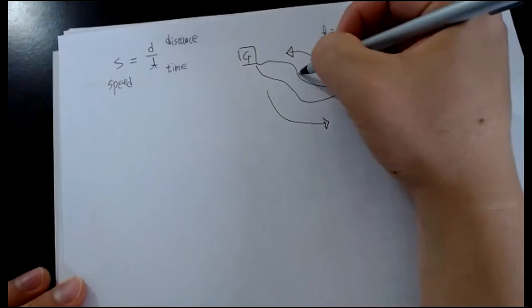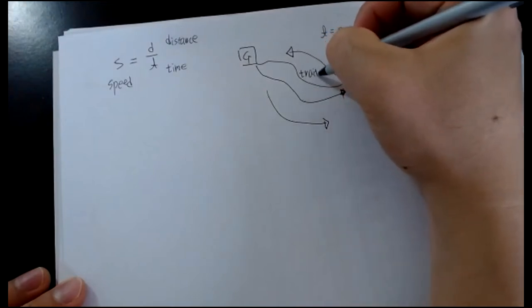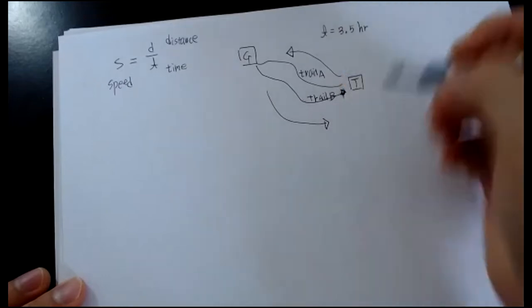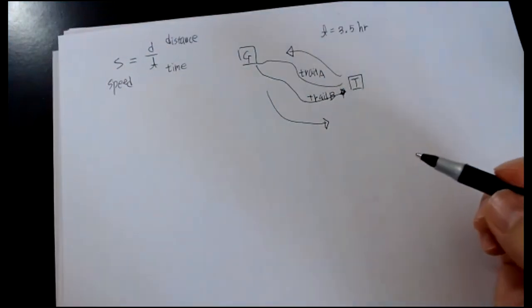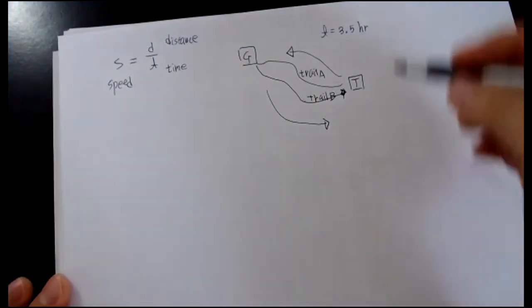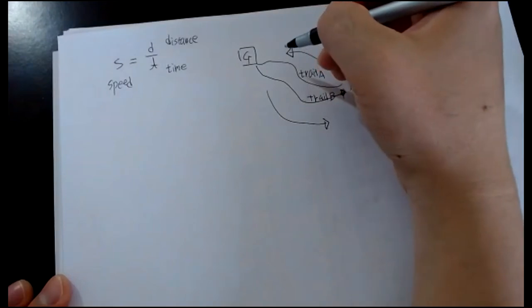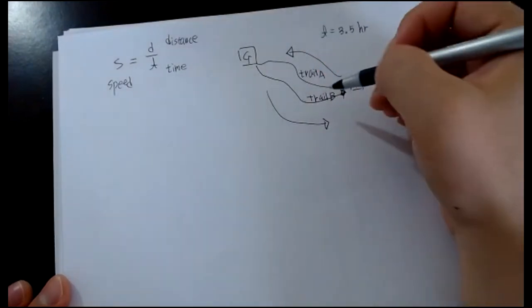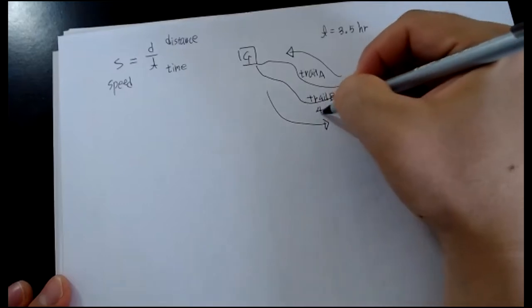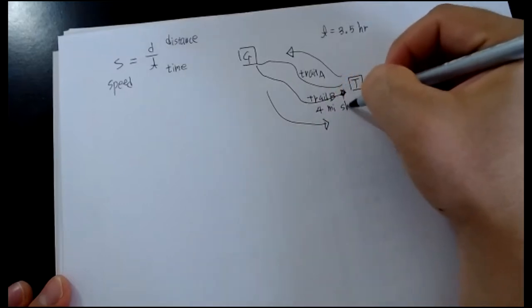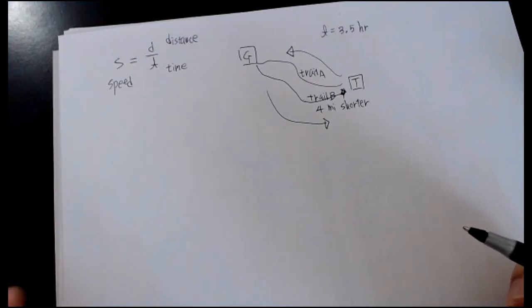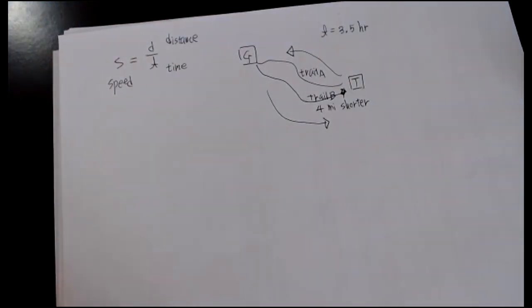Let's say trail A and trail B. They come back on a trail that was 4 miles shorter. They hiked 2 miles per hour slower, and it took them 1 hour longer when they come back.